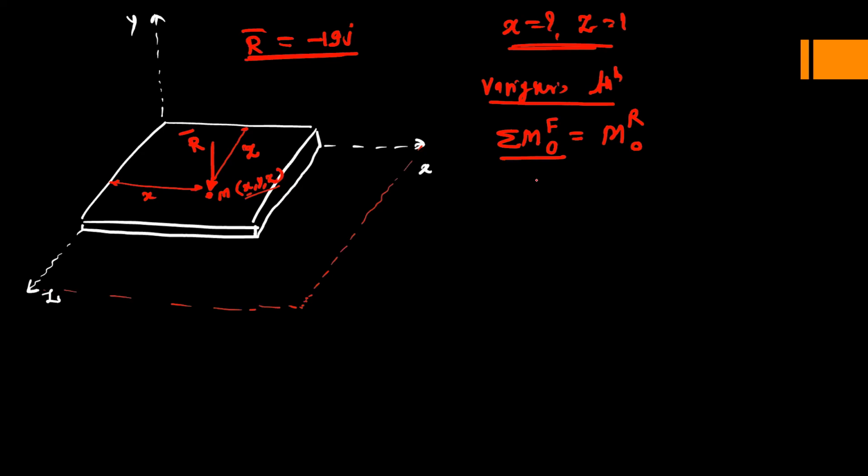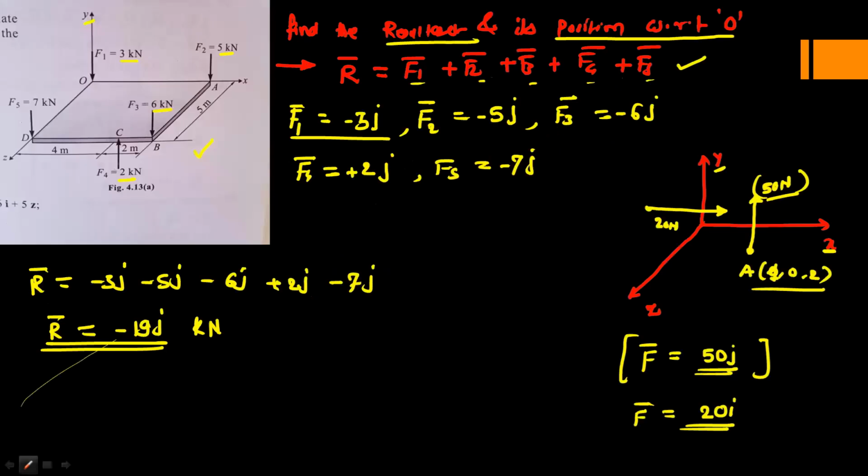So in the system of forces, F1 is acting at the point O. That means the line of action for F1 is passing through the point O.